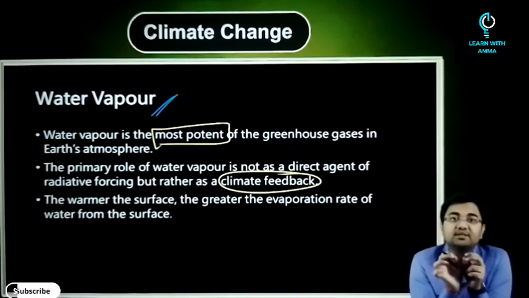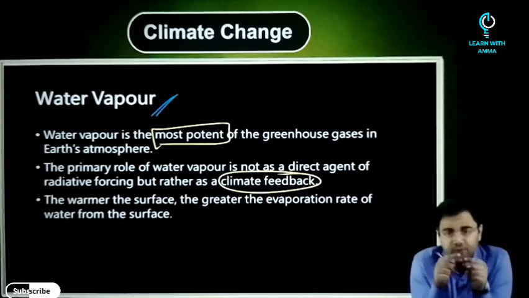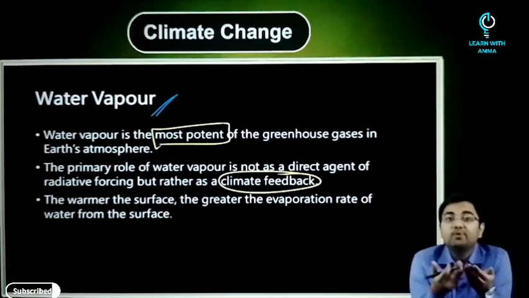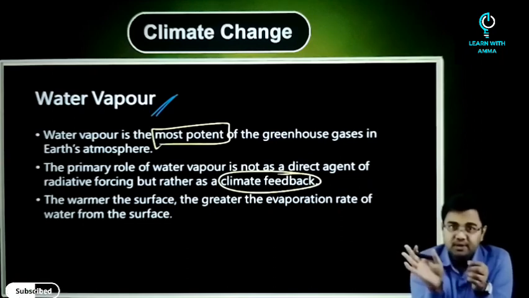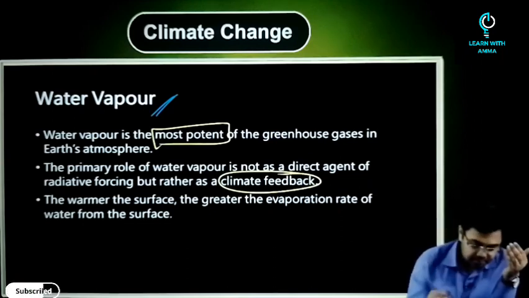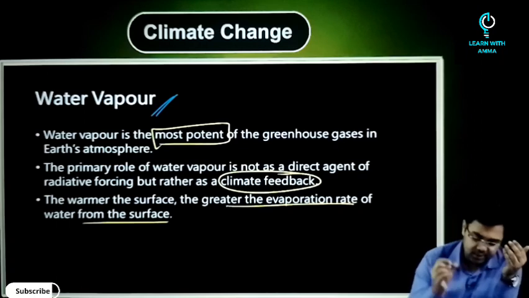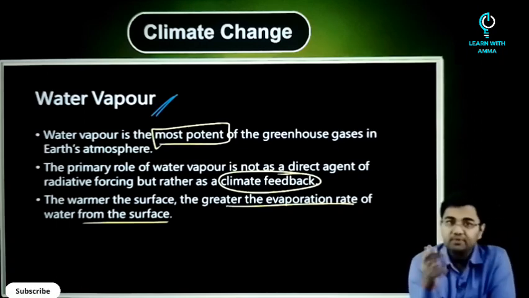This distinction arises from the fact that the amount of water vapor in the atmosphere, in general, cannot be directly modified by human activities, but instead it is set by the air temperature. The warmer the surface, the greater the evaporation rate of water from the surface.